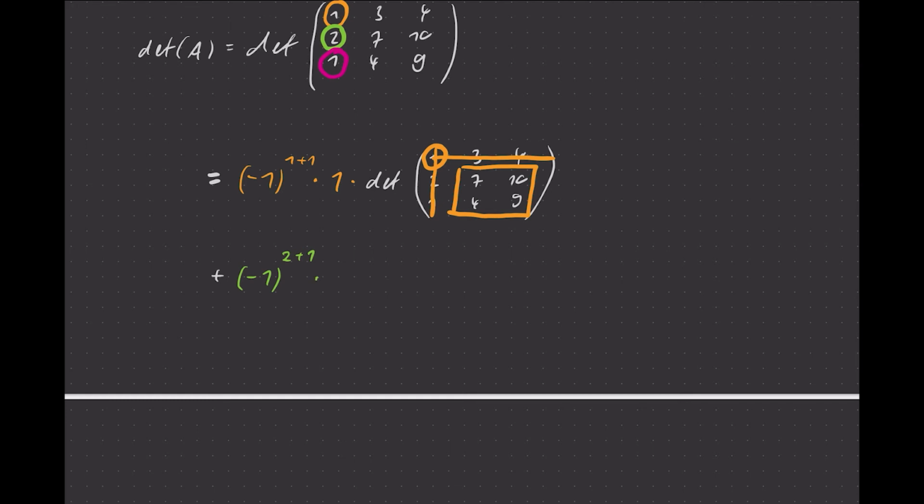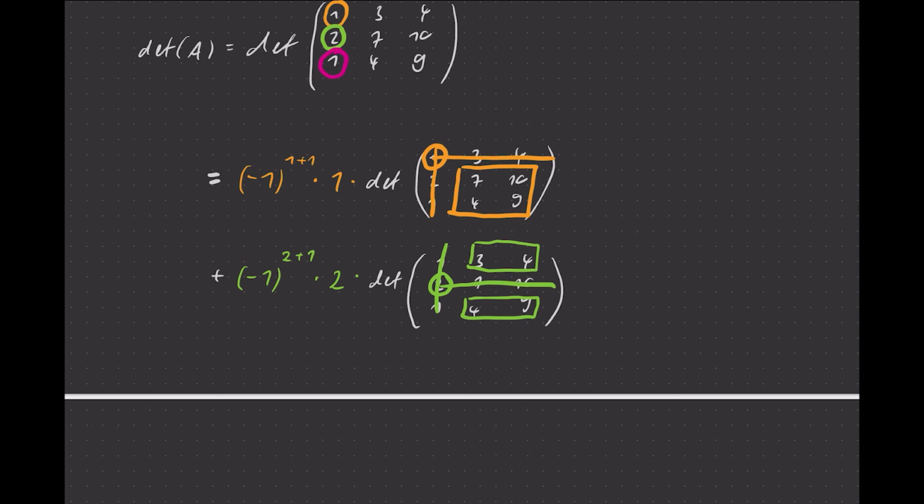Times the actual entry, which is a 2, times the determinant of, let's see what remains here. So now we have this entry, and that means we have to delete again the first column, and now we delete the second row. So what remains is this row and this row. That's the matrix that we will have left there.